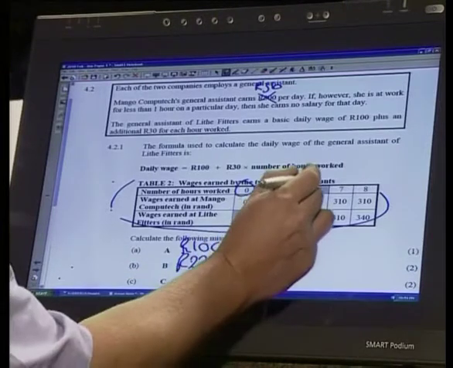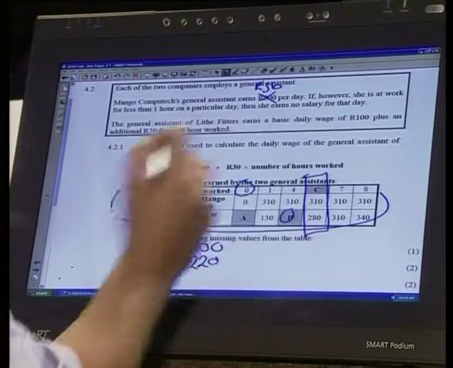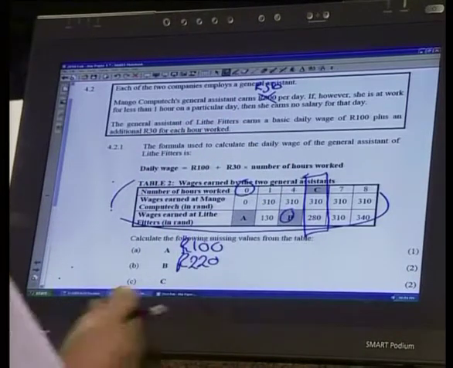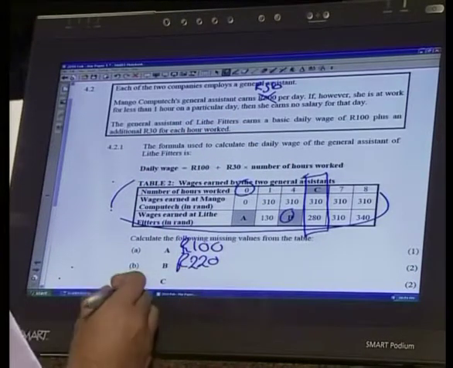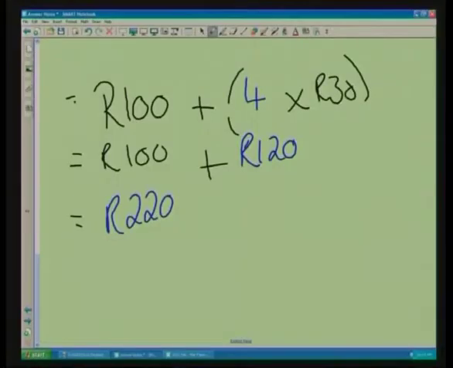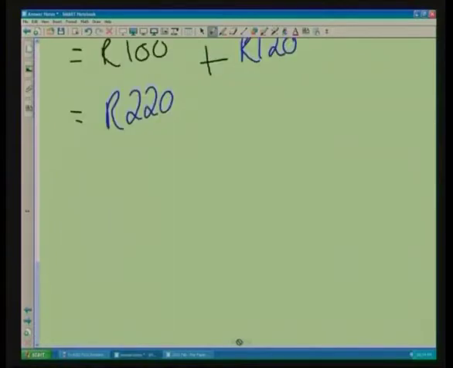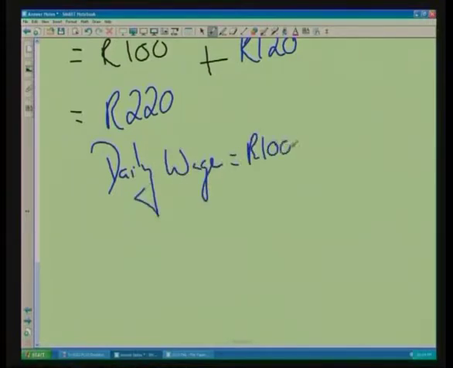Now here is the killer question. What is the value of C? So let's go back to our formula. Our formula states that our daily wage is equal to the 100 Rand plus 30 Rand per hour.